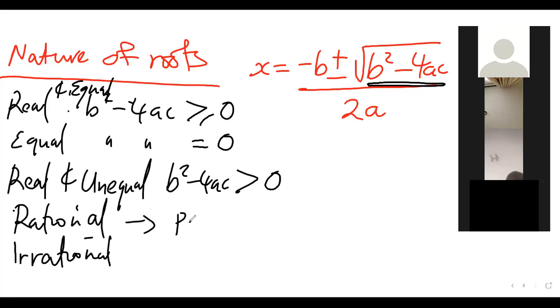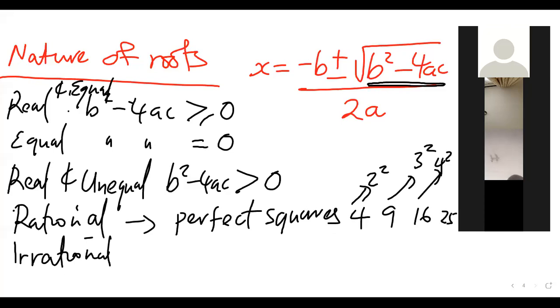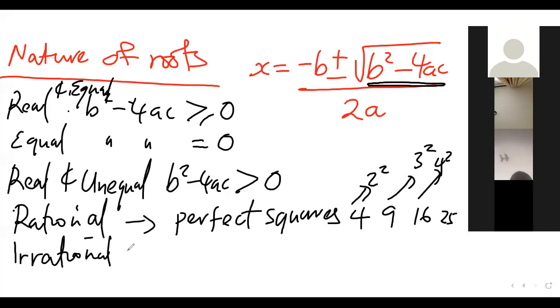We know perfect squares are 4, 9, 16, 25, 36, 49, 64, 81, 100. All those are perfect squares because 4 can be changed to 2 squared, 9 to 3 squared, 16 to 4 squared. That's why it's a perfect square.